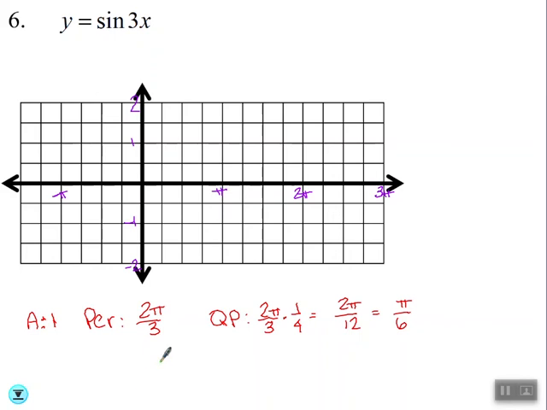So, for the most part, I want you to label the graphs like this so that you can see what is changing with the graphs. But if your period has a denominator of 3 or 6, I will allow you to label your axes differently.